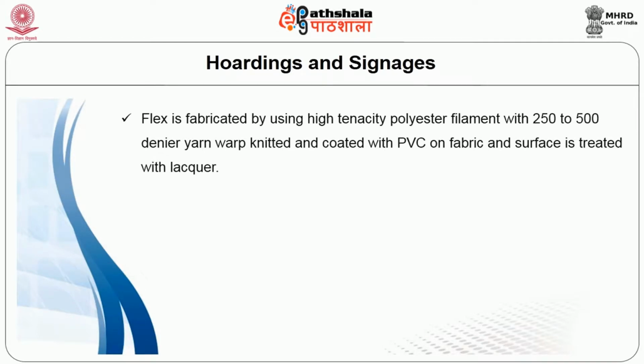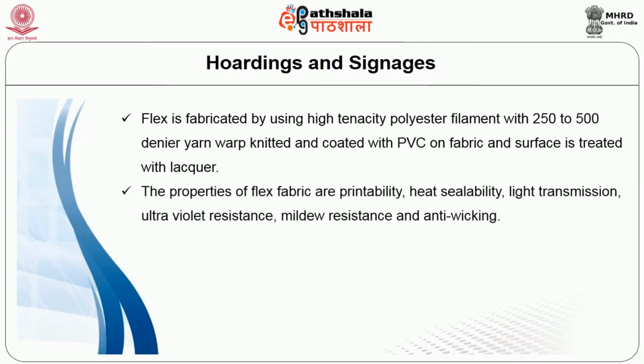Flex is fabricated by using high tensile polyester filament with 250 to 500 denier yarns, warp knitted and coated with PVC on the fabric, and the surface is treated with lacquer. The properties of Flex fabrics are printable, heat sealable, light transmitting, ultraviolet resistant, mildew resistant and anti-wicking.